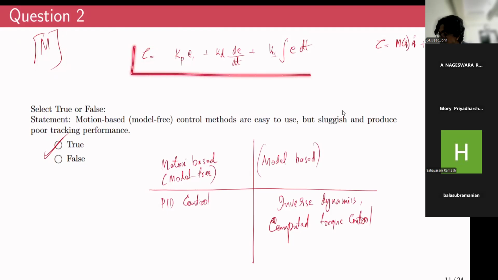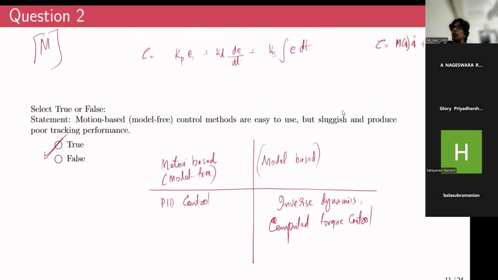But in these sort of control laws, model-free control laws, it does not have any information about the model. So it will only do this corrective action once the error grows. It has to wait until the error grows in order to do a corrective action, right? So if a robot is putting equal effort to move along the direction with more inertia and less inertia, it will probably move very slowly in the direction having more inertia.